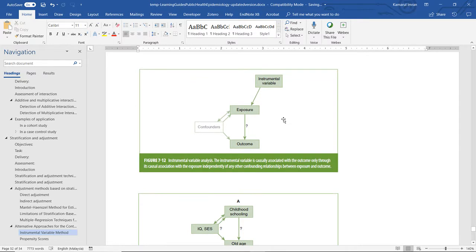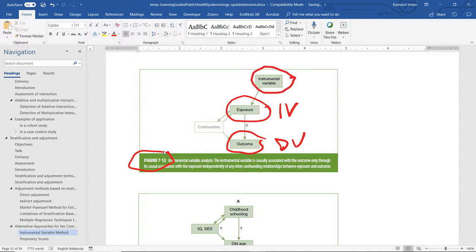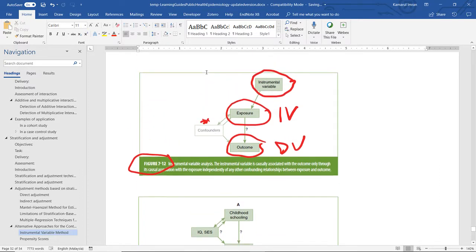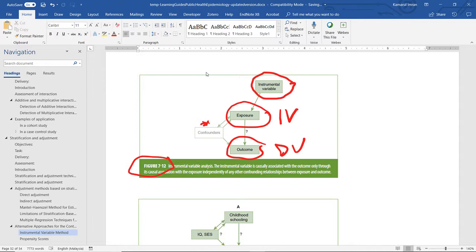So for example, in figure 7.12, this is the exposure, or the independent variable. This is the outcome, or dependent variable, and you have one more, which is the instrumental variable, and these are the confounders. By using the instrumental variable, you don't have to think about the confounders here. So this technique is interesting.